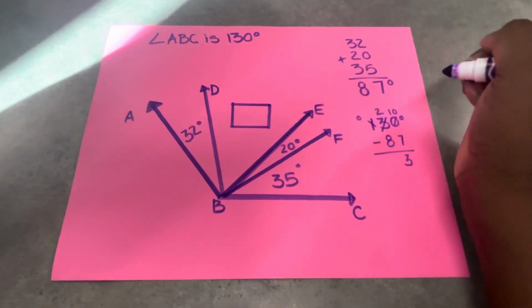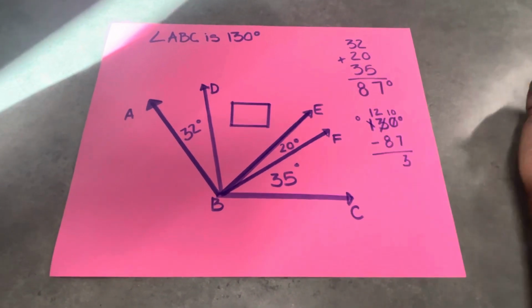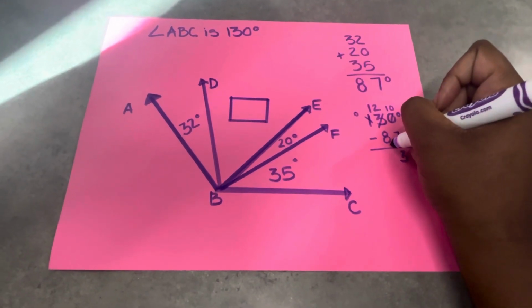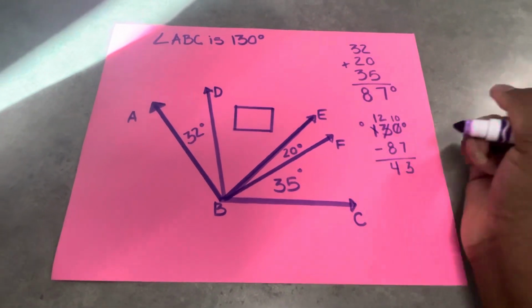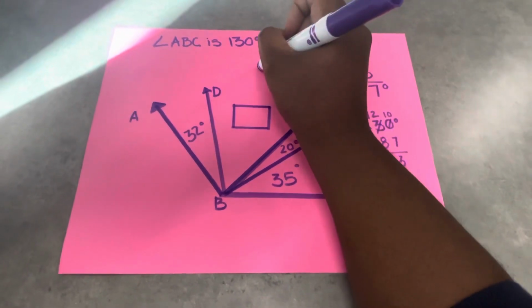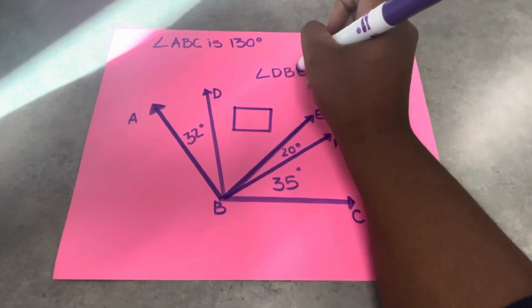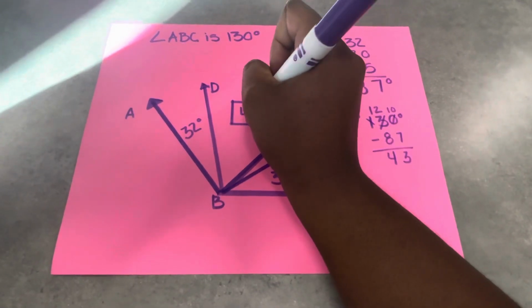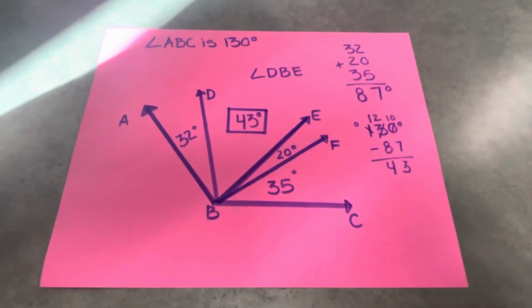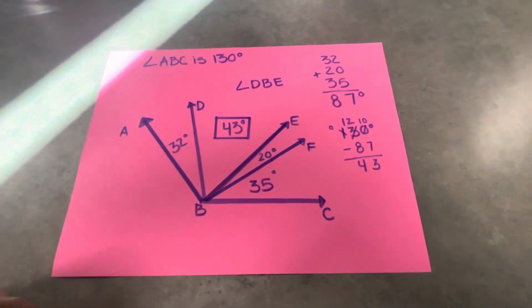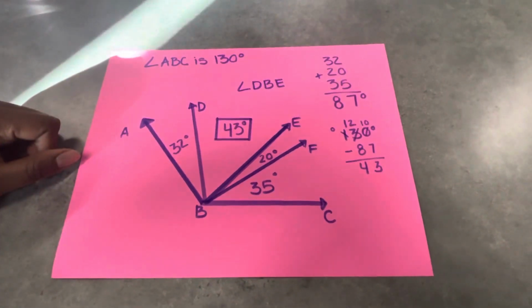That 1 will turn into a 0. 2 will turn into 12. 12 minus 8 is 4. So that tells me that angle DBE is equal to 43 degrees. Now, how would I know? If I added all these numbers up, I should be able to get to 130.